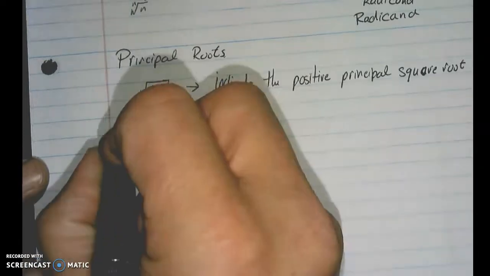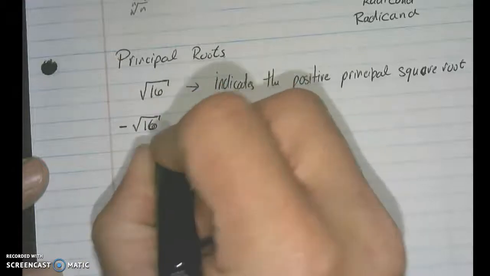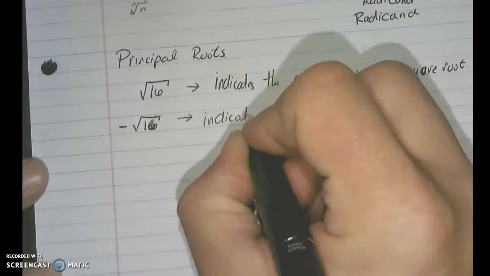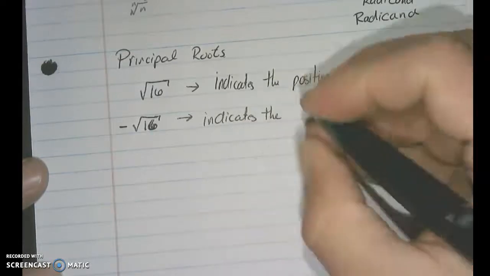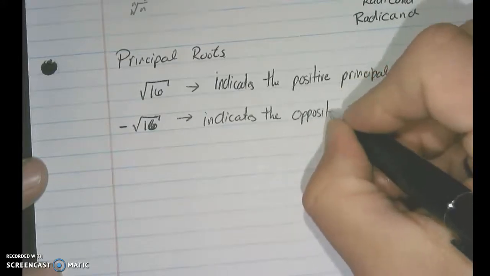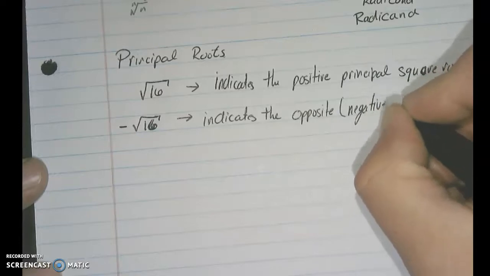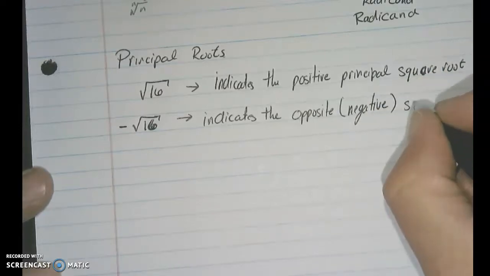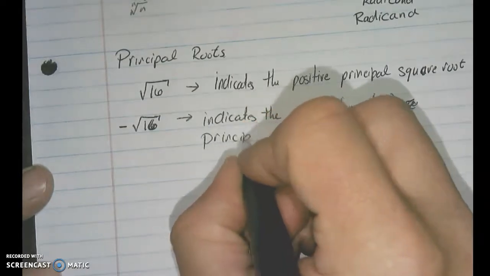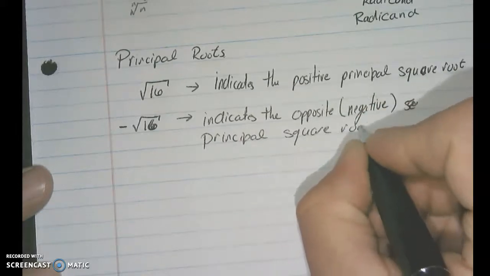All right, so then if I do this, I throw the negative out in front. So this indicates, take a wild guess. Yep, opposite or negative principal square root.